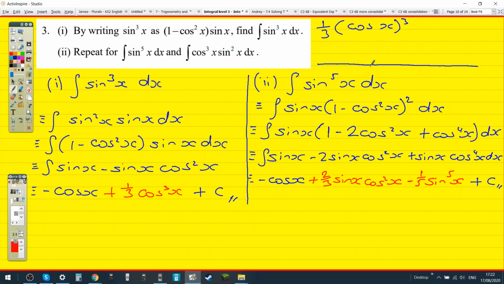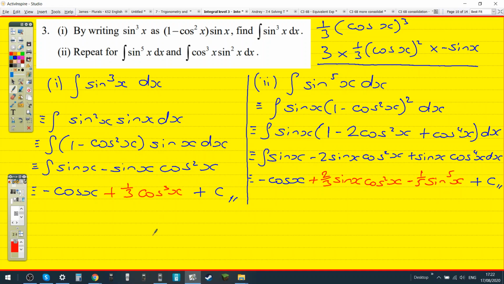Cos x cubed. So what they did was 3 times a third cos squared x, times the derivative of this, which is minus sine x, which ends up being 1. That's cos squared x and that's minus sine x.